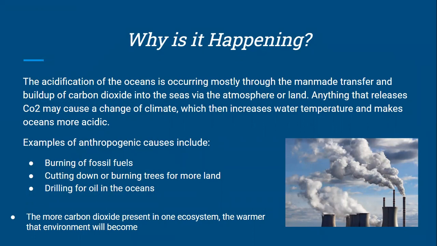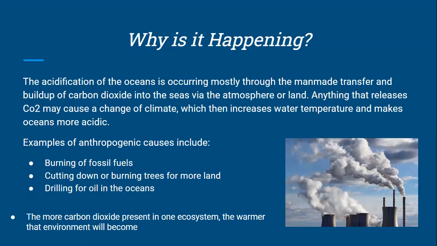You see, carbon dioxide tends to travel a lot across the world, and usually this traveling is intensified by the burning or any sort of event that expels carbon dioxide into the air and the atmosphere, such as the burning of fossil fuels or cutting or burning of trees to create more land.